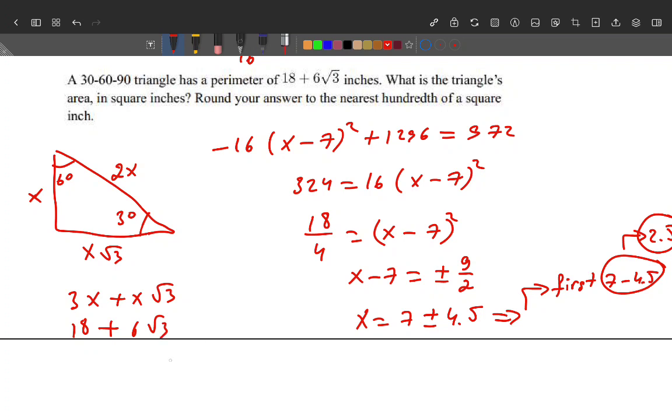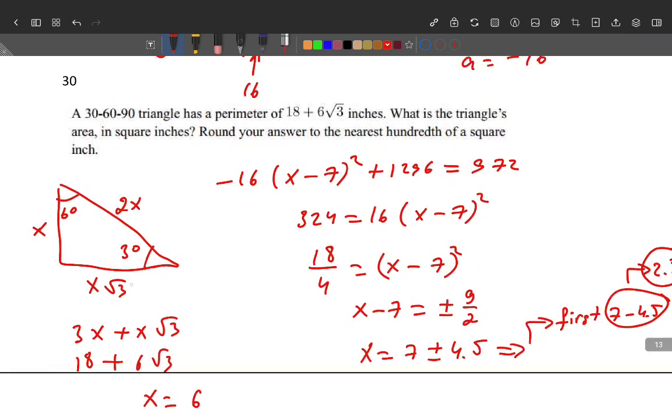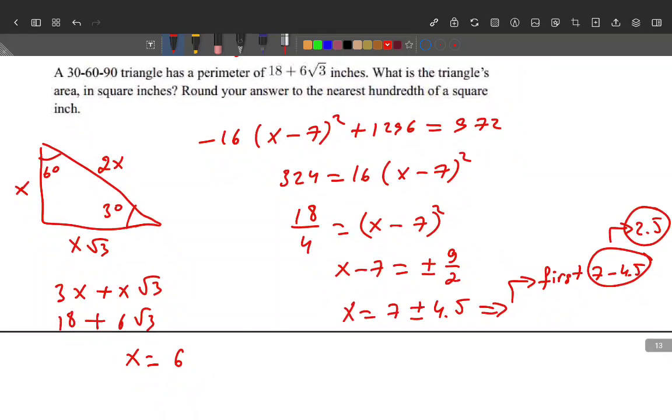From here I can conclude that x is equal to 6. The area of this triangle is 6 multiplied by 6 divided by 2. It's equal to this number. If we round the answer to the nearest hundreds, we take this value.